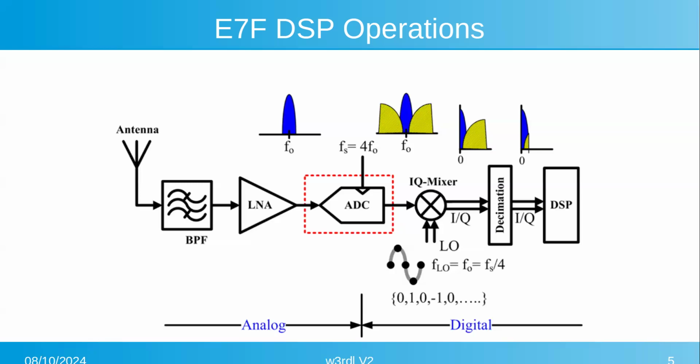It's all done digitally and mathematically. If you remember all those little equations I said were there for the people that like math, you didn't have to remember them. Those are the equations that are actually being used in the digital signal processing to do this.